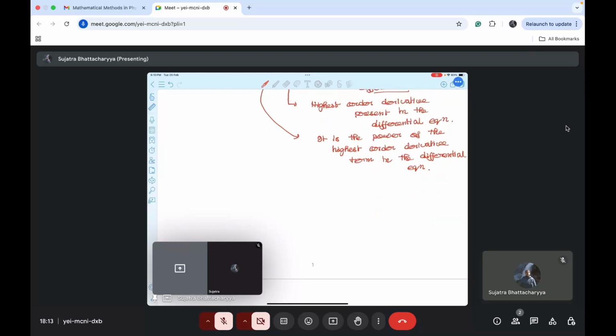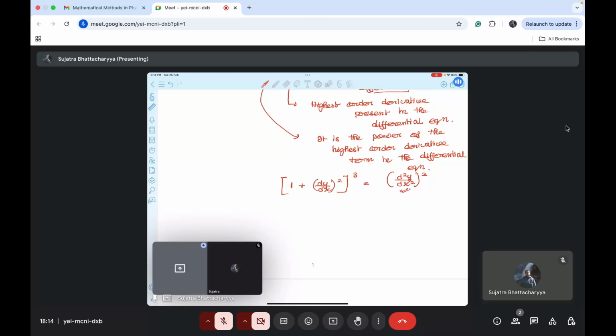So let me give an example. Let's say 1 plus (dy/dx)^2, whole cube, equals (d²y/dx²)^2. This is what is given. Now you can clearly see that the highest order derivative present is of order 2.